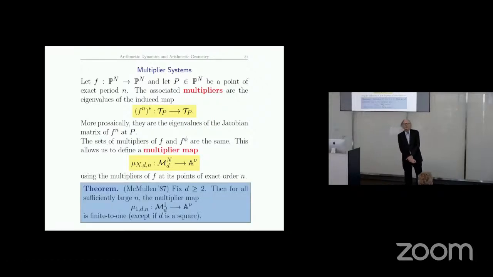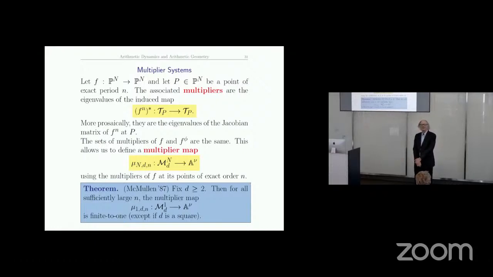And a very beautiful theorem of Mc­Mullen's is that, at least for maps of P1, if you fix the degree d of the maps and look at periodic points of a high enough period, you get a finite to 1 map into affine space. It's actually never really injective.